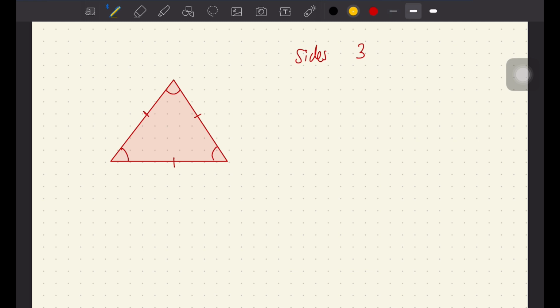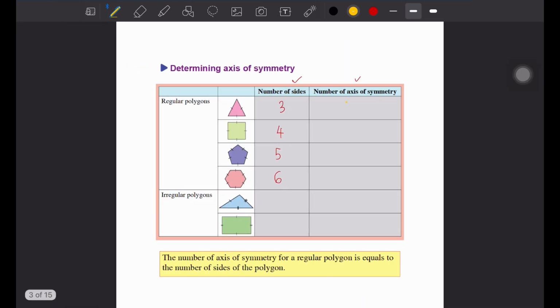This is the first one, this is the second one. It means if I fold the triangle along the yellow line, it will be divided into two equal halves. And this is the third one. So we can conclude that the axes of symmetry of a triangle is 3.